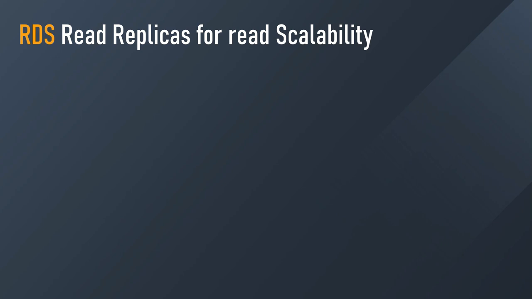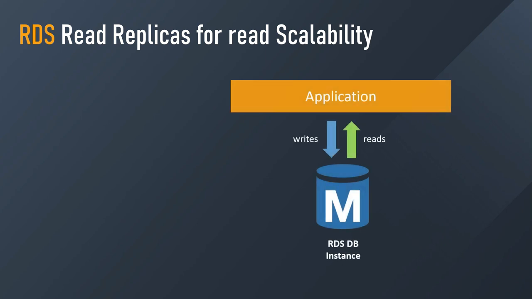Read replicas, as the name indicates, help you to scale your reads. So let's have an example. Here we have our application and we have an RDS database instance, and our application performs reads and writes to our database instance.